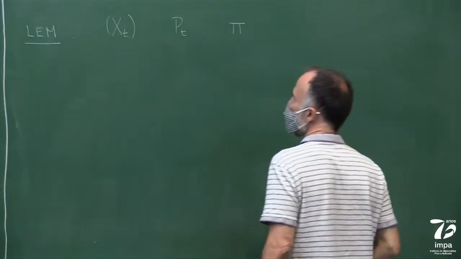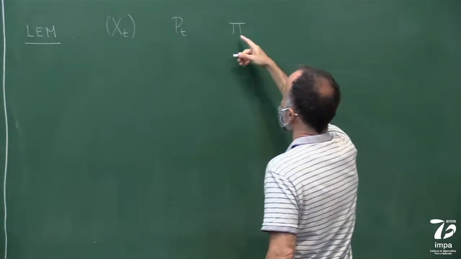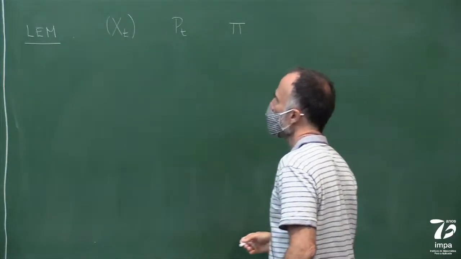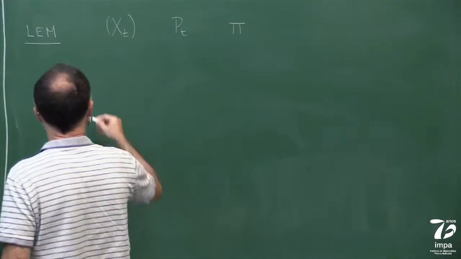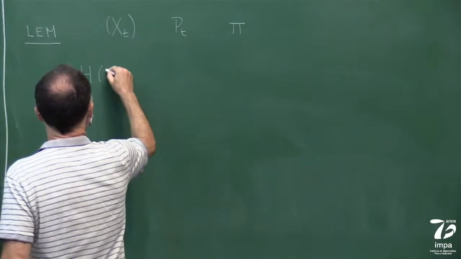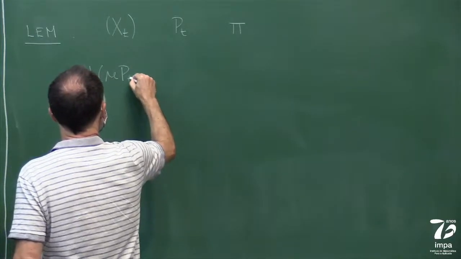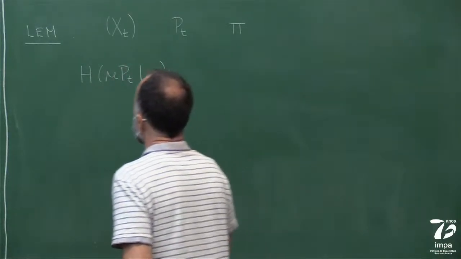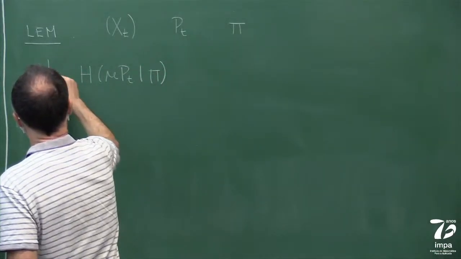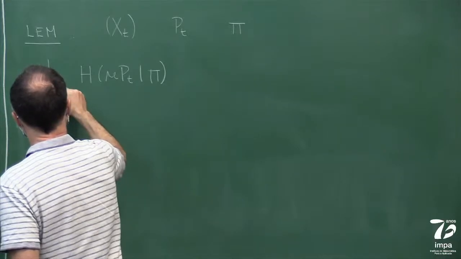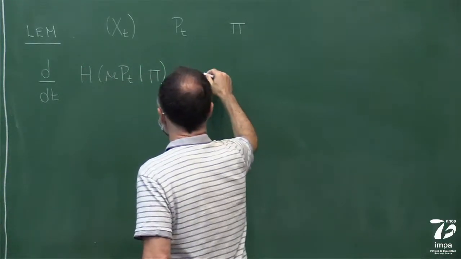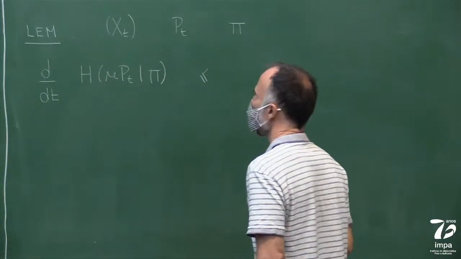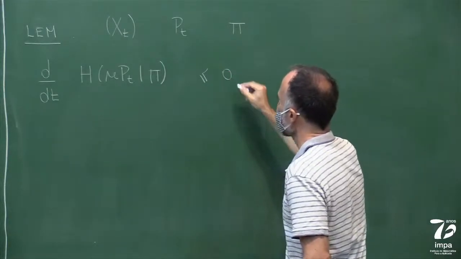This Markov chain is irreducible. Pi is the stationary state. And what I claim is that mu PT relative entropy h, this is differentiable and the derivative is bounded by 0.